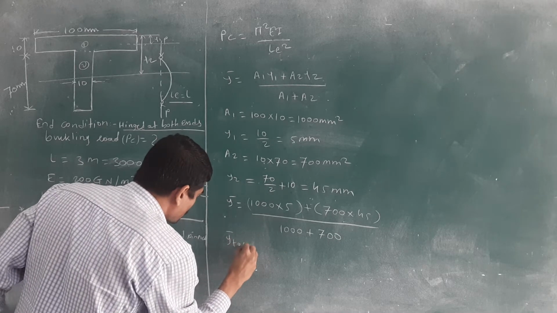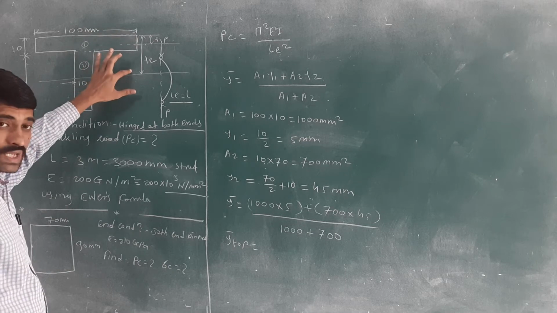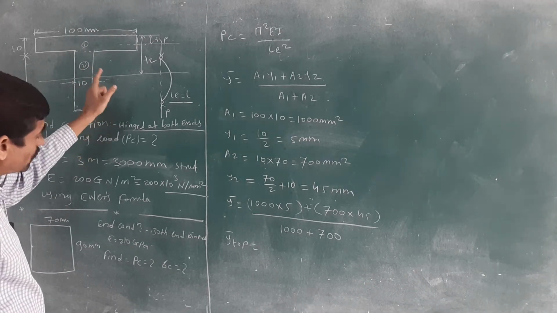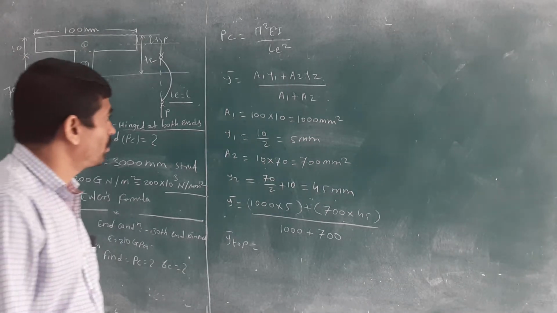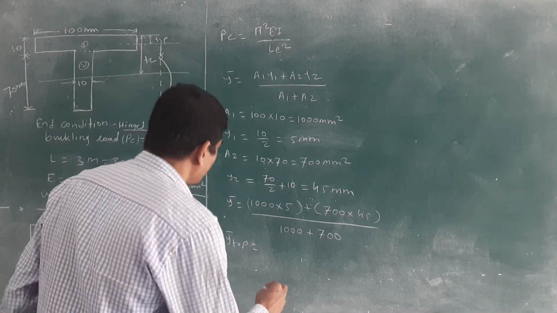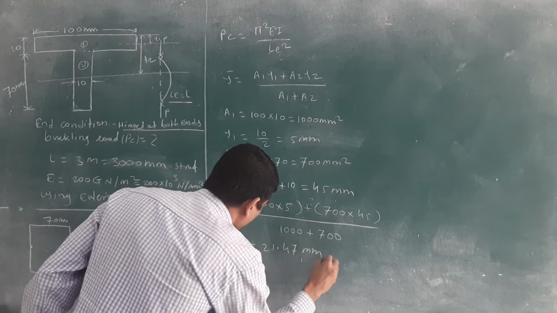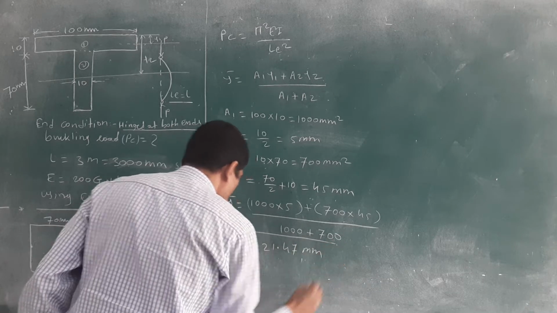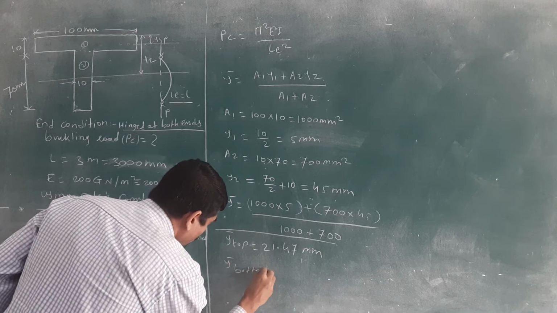This is the Y bar top. Why top? Because we start from the top. If you start from the bottom, then you will get Y bar bottom. Remember that. Then this value you will get 21.47 mm from the top.